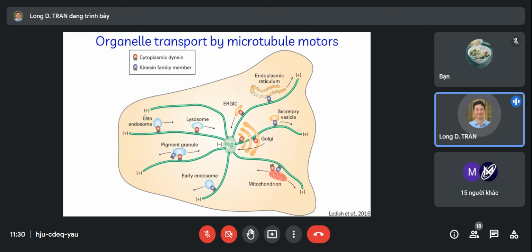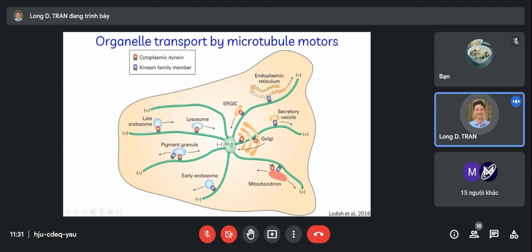So inside the cells, in animal cells, the intracellular transports are mainly done by kinesin and myosins. We have the endoplasmic reticulum usually stretched toward the periphery of the cells by kinesins, while the Golgi apparatus is focused to the center of the cells, toward the minus end, by dynein.